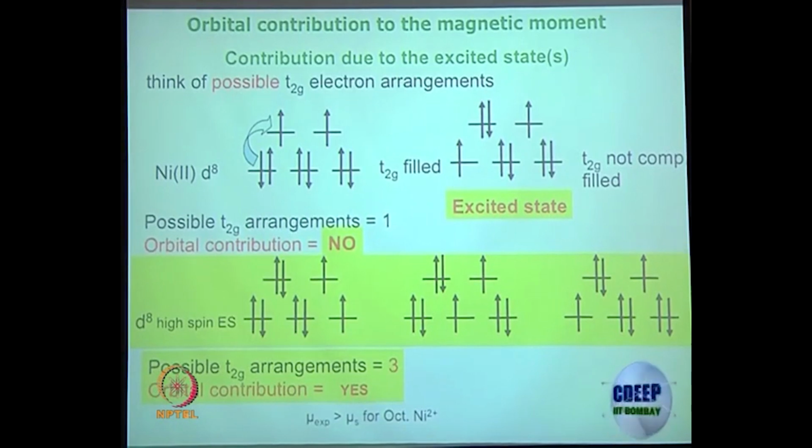Experimentally, which one do you think will give you higher magnetic moment value? Tetrahedral. Why is that? Simply because for octahedral, the orbital angular momentum contribution comes from the excited state. In the ground state itself, there is no orbital angular momentum. In the excited state, there is.